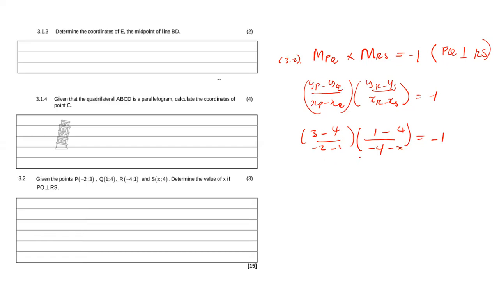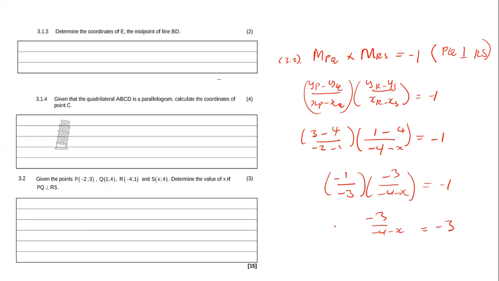So now let us do the algebra. 3 minus 4 gives us negative 1 over negative 2 minus 1, which is negative 3. Then this minus that is negative 3 over negative 4 minus X, which equals negative 1. We multiply both sides by 3. This is going to be positive. We have negative 3 over negative 4 minus X equals negative 3.